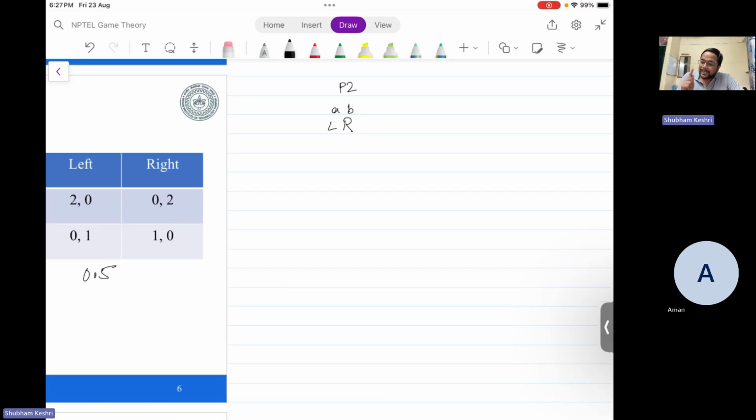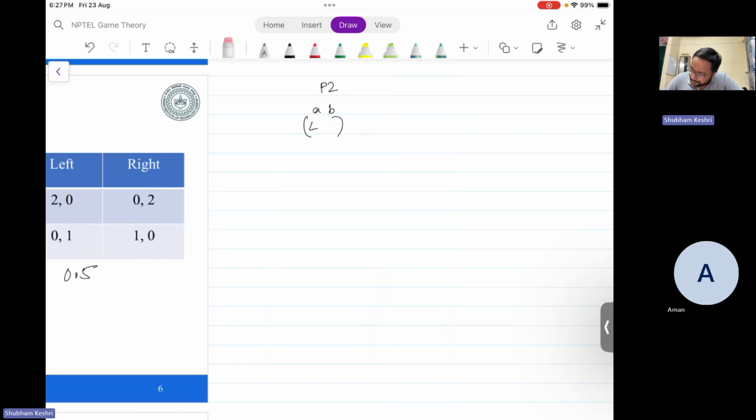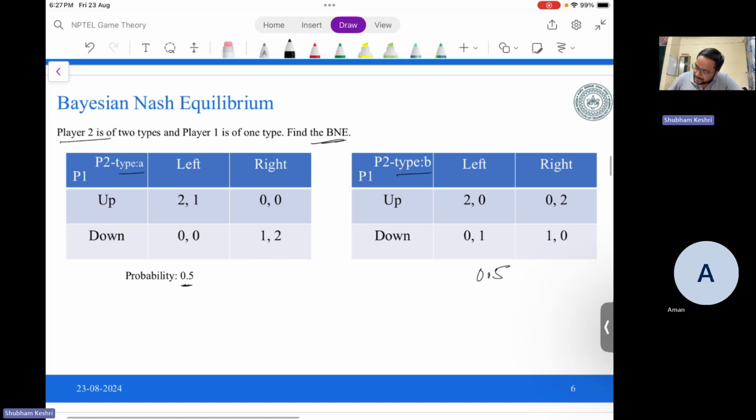So player 2 type A is L. The first will represent type A and the second will represent type B. All right. So this is how we'll represent it. So we have written LR, then we'll say LL. First we'll say LL because we'll just match LL, LR, RL, RR. All right.